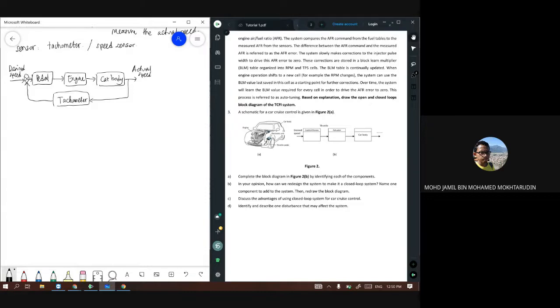So for example, let's say you drive on a highway. On a highway, the speed limit is, let's say, 110 kilometer per hour. So you want to drive at 110 kilometer per hour.